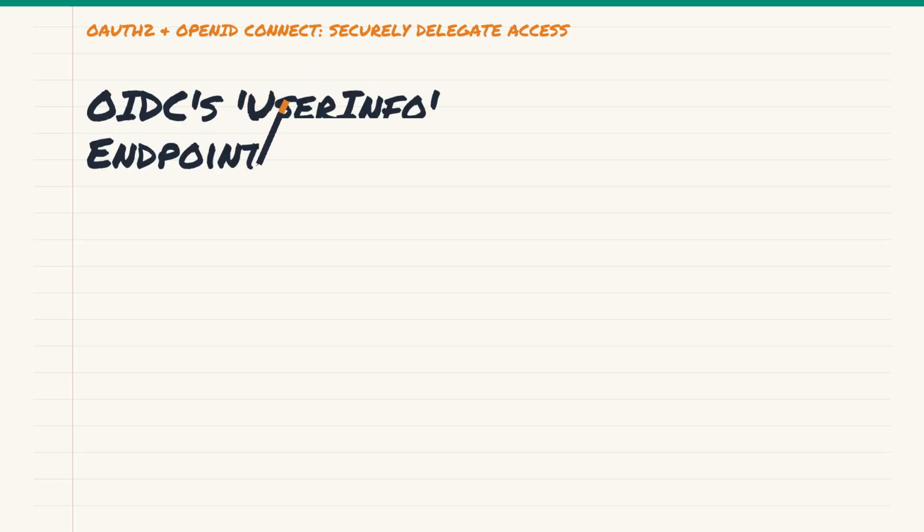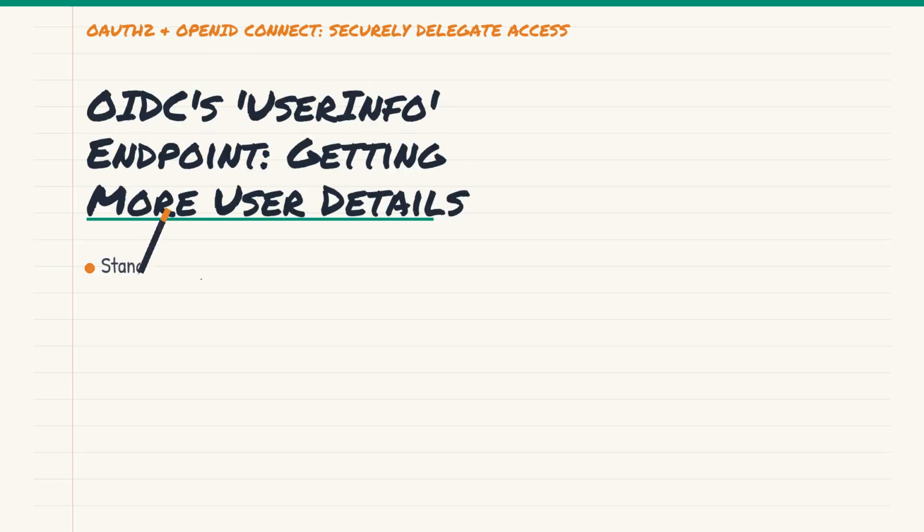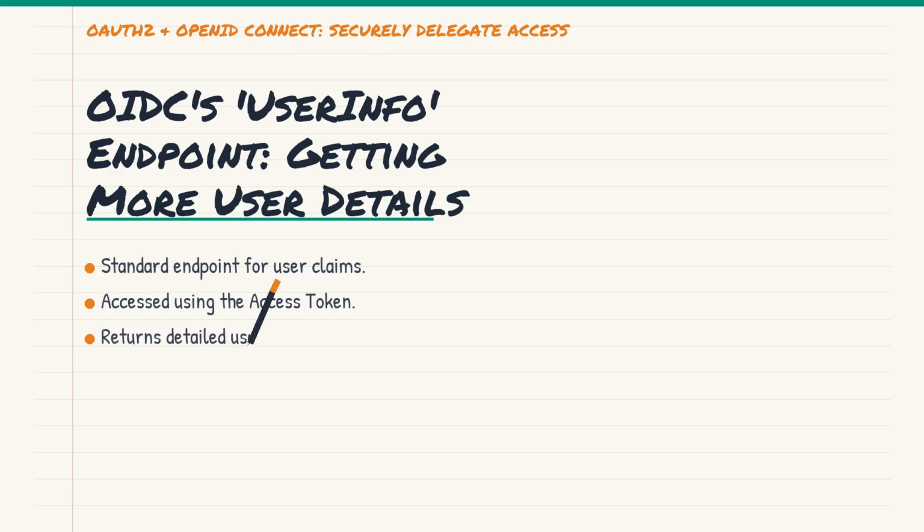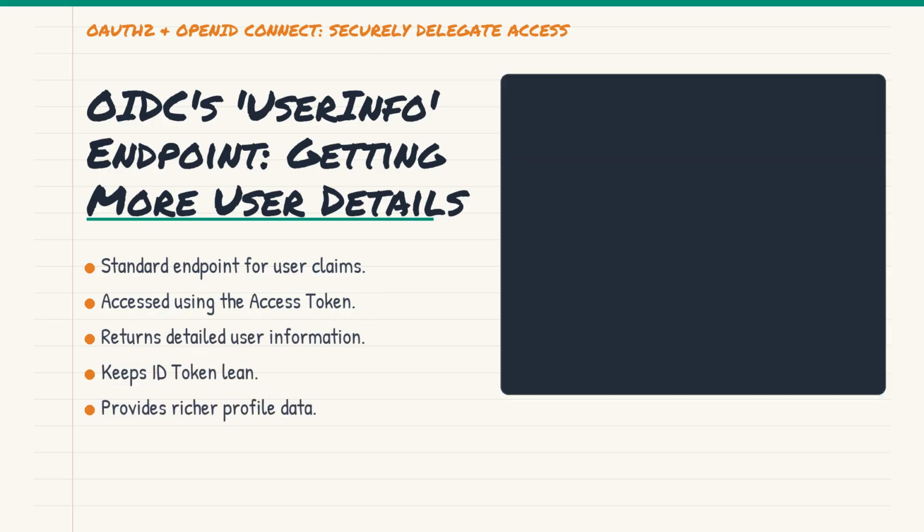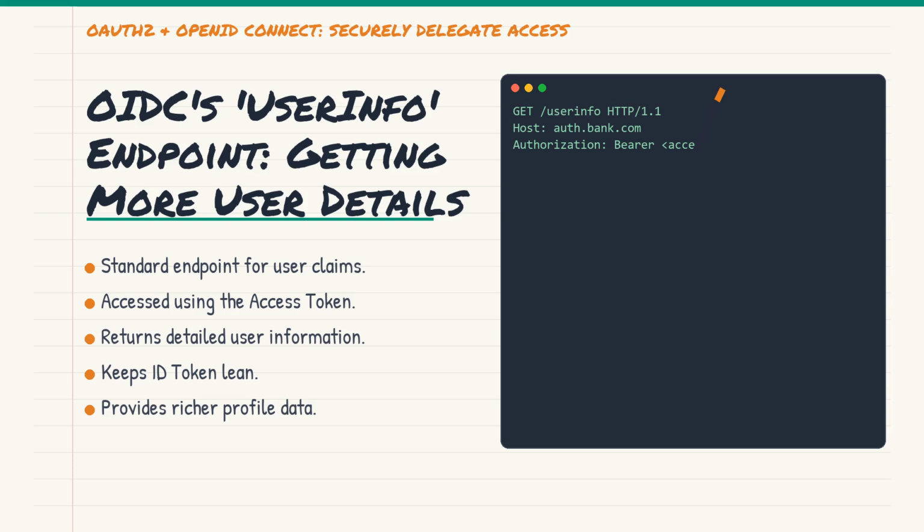While the ID token gives you essential identity claims, sometimes you need more detailed information about the user. OIDC defines a standard endpoint called the UserInfo endpoint. After the client has obtained an ID token and an access token, using an OIDC-compatible OAuth2 flow, it can use the access token to make a request to the UserInfo endpoint on the authorization server.